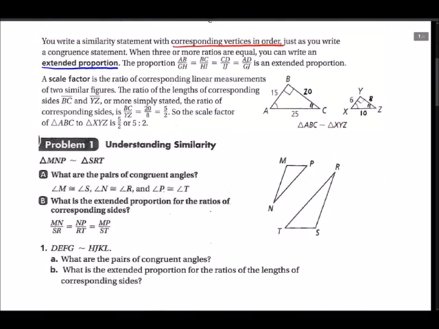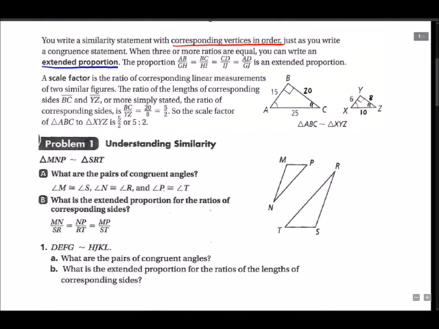We call this, and this is worth some stars here, words we are going to use frequently, a scale factor. A scale factor is the ratio of corresponding linear measurements. What does linear measurements mean? Corresponding sides. A scale factor is the ratio of corresponding sides of our two similar figures.